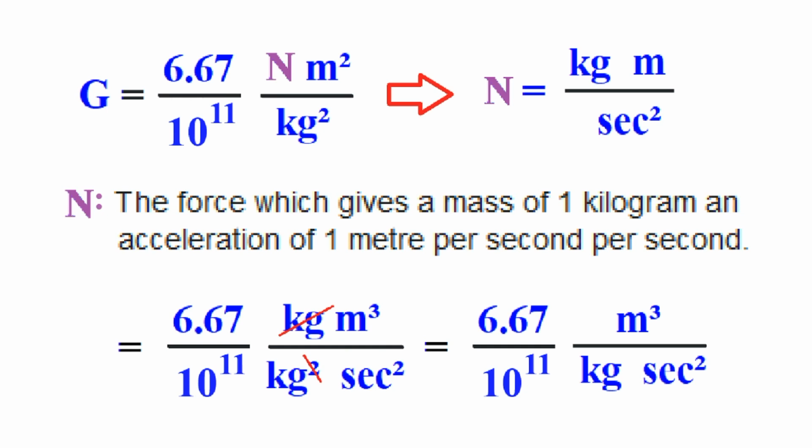And so when you look at that, it comes out to 6.67 divided by 10 to the 11th kilograms meter cubed over kilogram squared second squared. You cancel out kilograms there, and you end up with a unit of gravitational constant G, which is meter cubed over kilogram second squared.